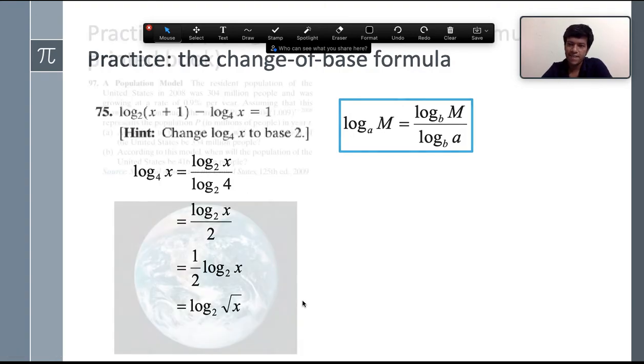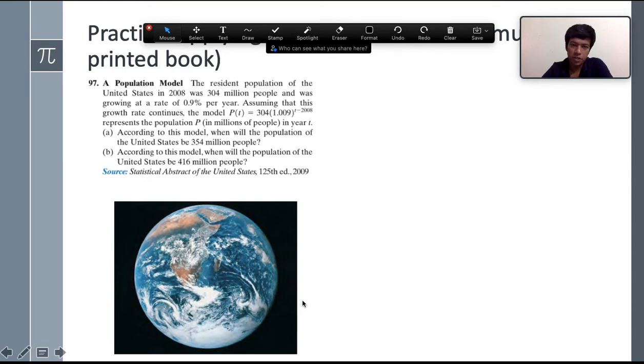Okay, this is an application math from the book. A population model. The resident population of the United States in 2008 was 304 million people and was growing at a rate of 0.9% per year.